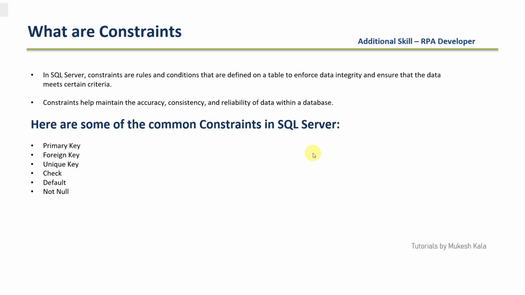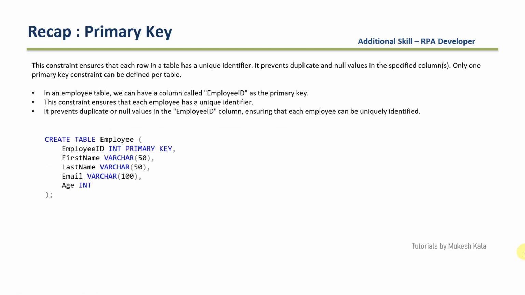These are some of the common kinds of constraints which are available in SQL: primary, foreign, unique, check, default and not null. Primary we have already discussed in the previous video. Just a quick recap: whenever I have a table and I want to make sure that there are no duplicate records in that table, we apply something called a primary key.